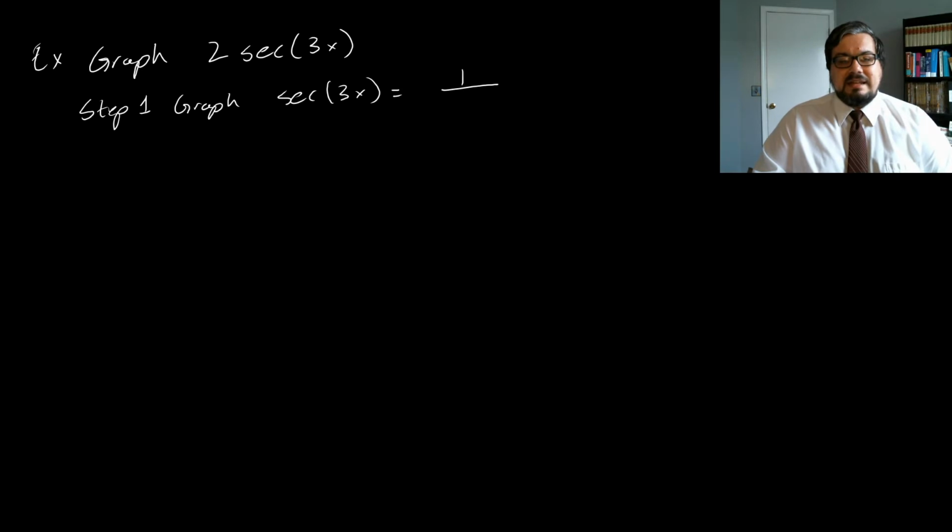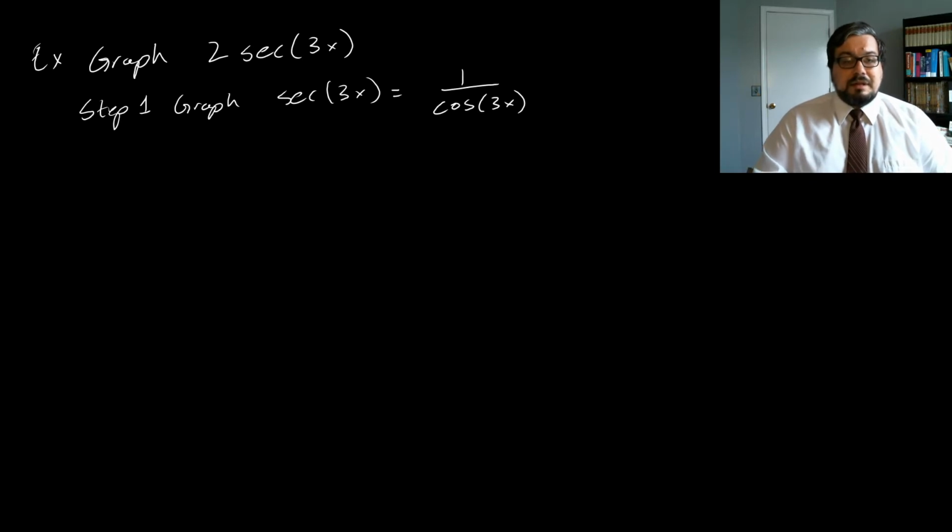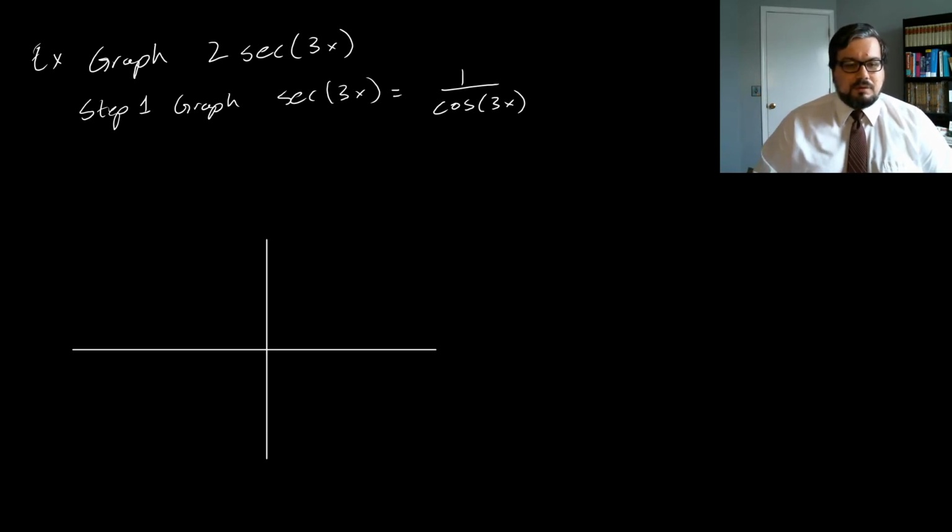And remember that secant of 3x is 1 over cosine of 3x. So the first step in step 1 is to graph cosine of 3x. So let's look at what we can say about cosine of 3x. Again, it has amplitude 1.